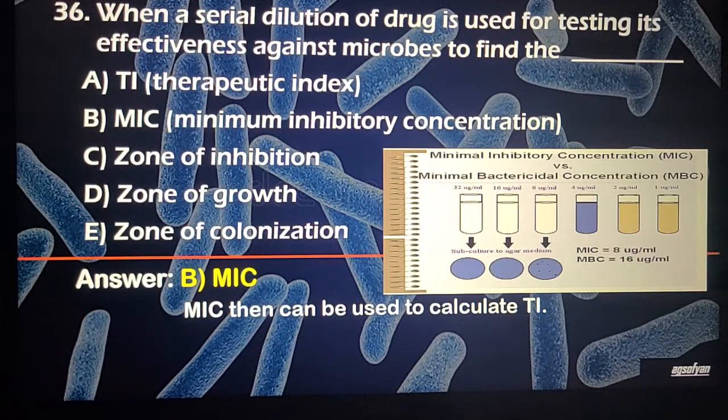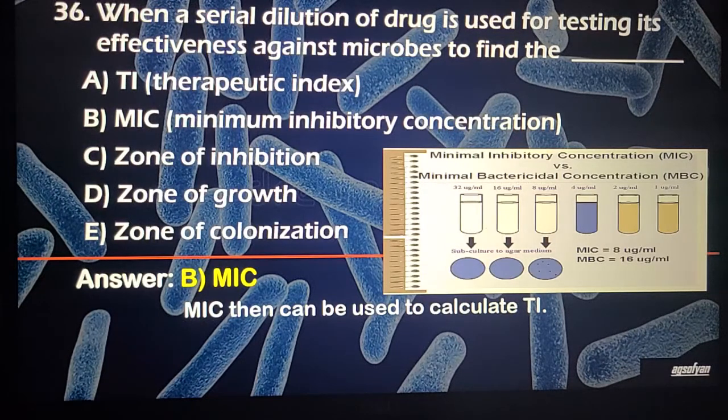Okay. And then you see that 1 microgram dose of drugs does not kill the bacteria. 2 also does not kill bacteria. And 4 also does not kill bacteria. And if you see 8, it starts to kill bacteria. There is no growth over there.